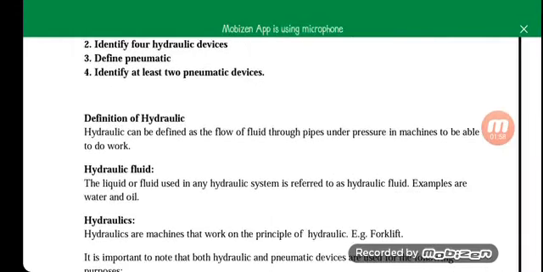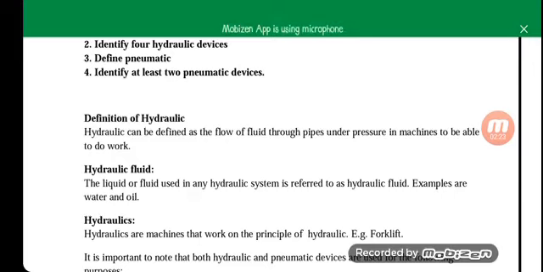Now, hydraulic fluid. This is the liquid or the fluid used in any hydraulic system. And I talked about this in the beginning, where I said hydraulics and pneumatic machines are machines that make use of fluid.